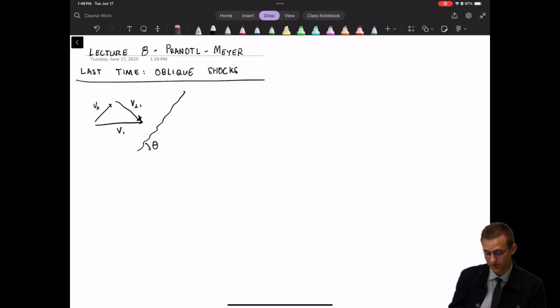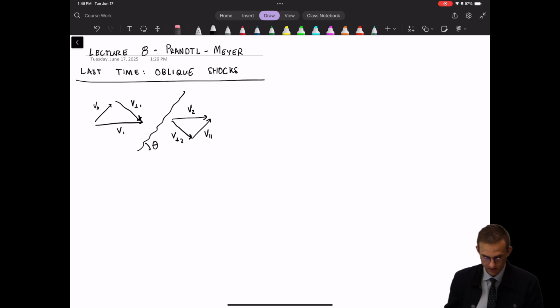V parallel doesn't change across the shock. And then on the other side of the shock, you have a smaller V perp 2. That's what's changing as you pass through the shock. And then V parallel is the same as before. And your overall V2 looks like that. So V parallel, same as before, V perp 2. Okay, and that's sort of the basic picture for an oblique shock.